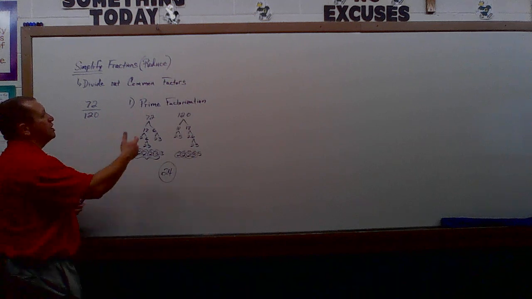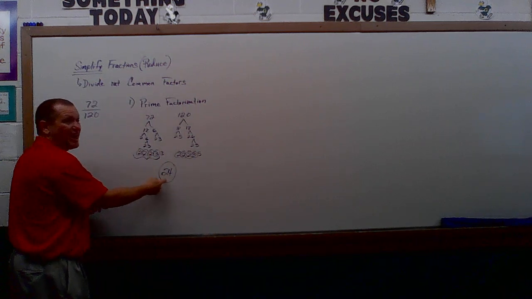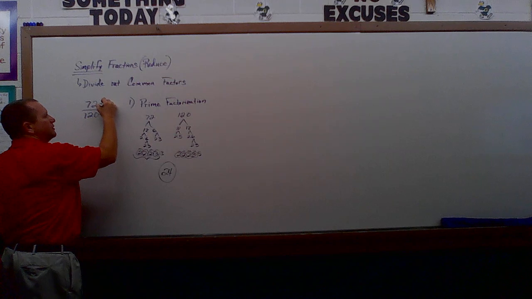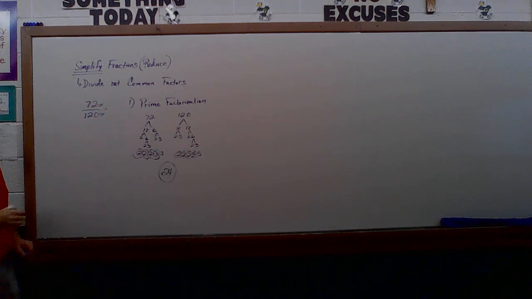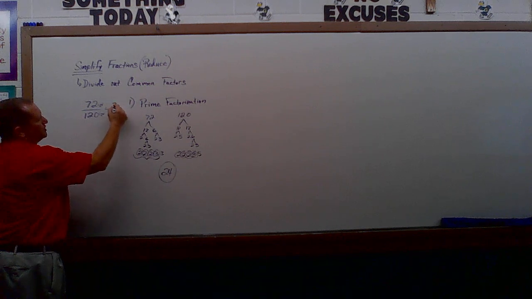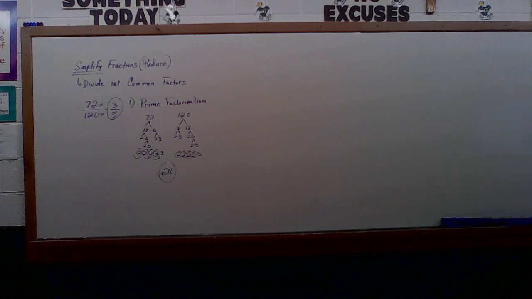Okay, so again, when I'm asked to simplify, I'm taking this biggest factor and I'm dividing both the top and the bottom by that number. So, what's 72 divided by 24? 3. What's 120 divided by 24? And then if I look at my last fraction, there should not be anything in common between those two numbers, and that should be my answer.